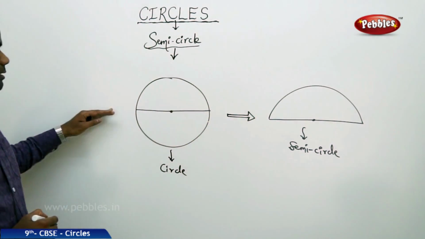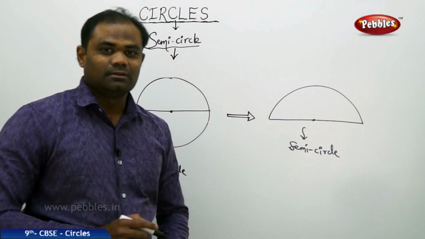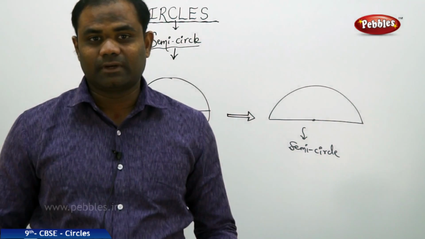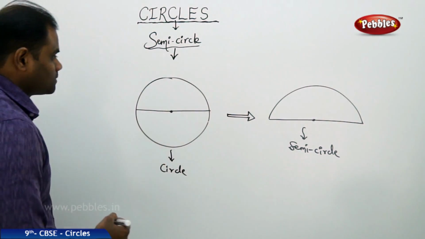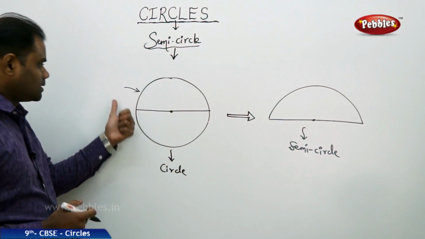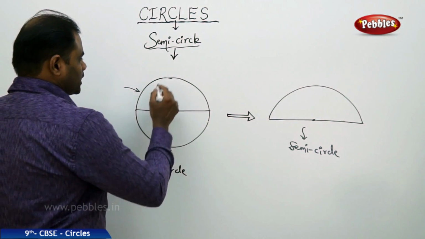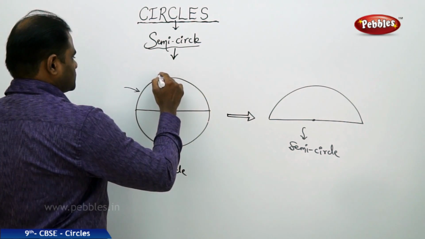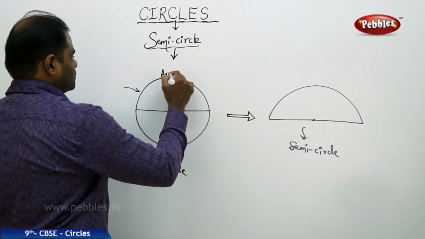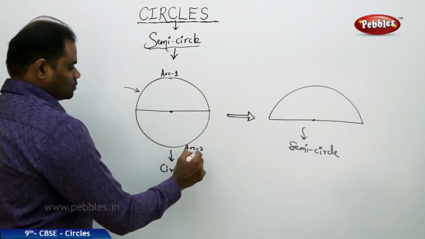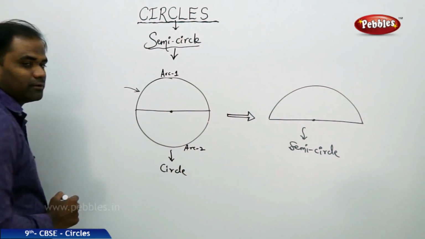For the circle and the semicircle, let's see the lengths of arcs, how the arcs are defined. So for this, I have two arcs which are formed along the diameter. This is arc 1 and this is arc 2, which are of equal lengths.